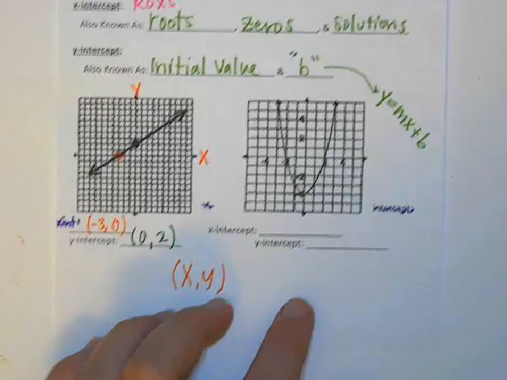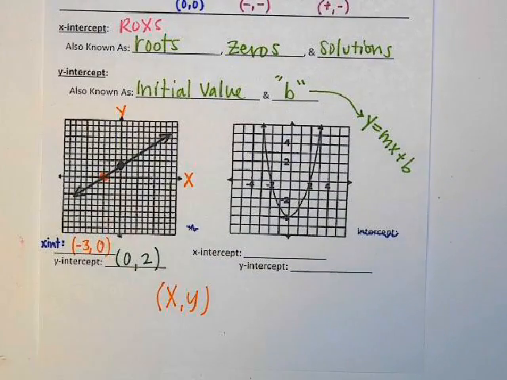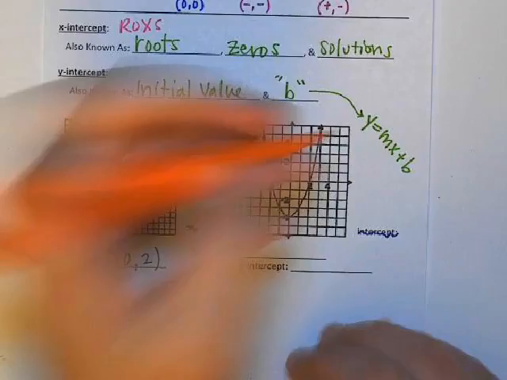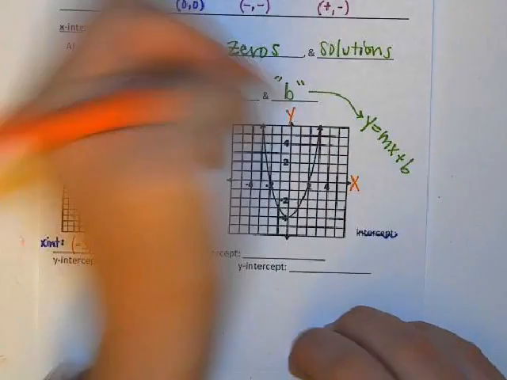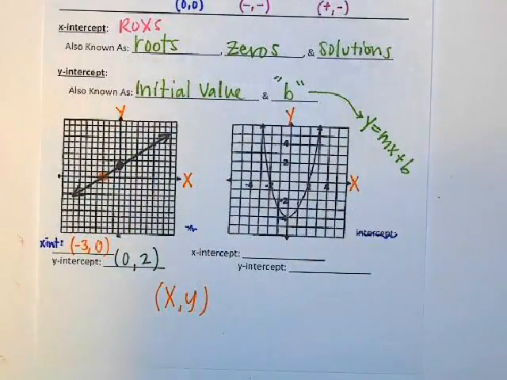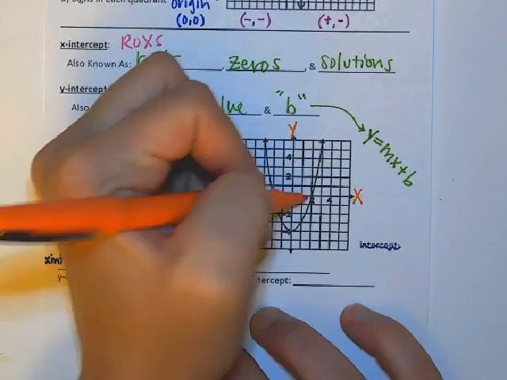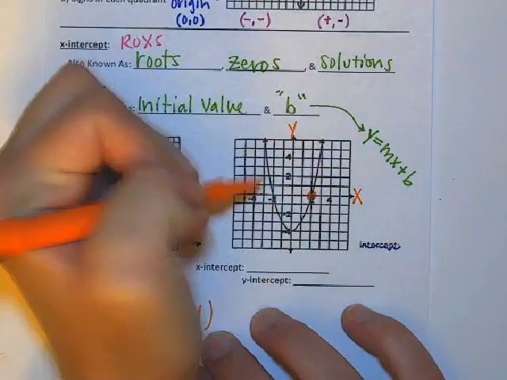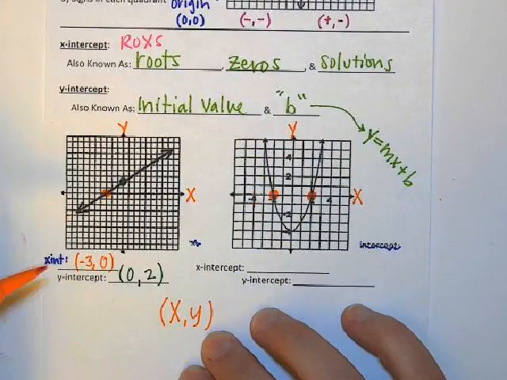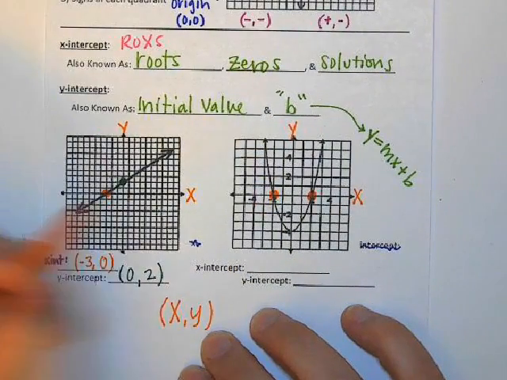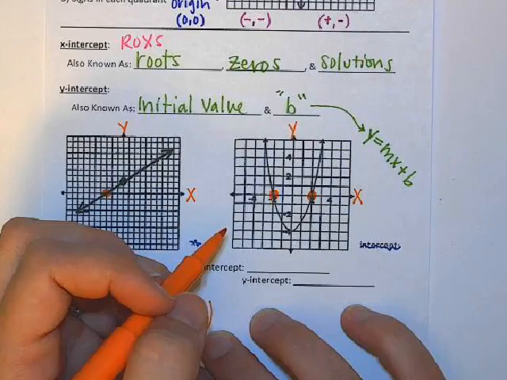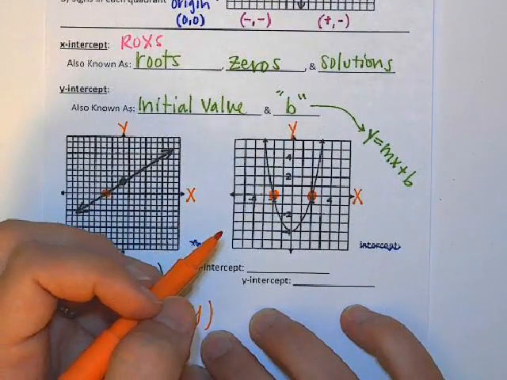All right, look at the second graph. First thing I need to do is label x and y. Okay, my x-intercept. How many x-intercepts am I going to have? 2. It crosses the graph, the x-intercept here and here. Those 2 points. And I'm going to write both ordered pairs. How many dots do I have? 2.